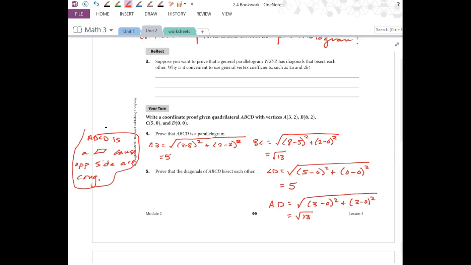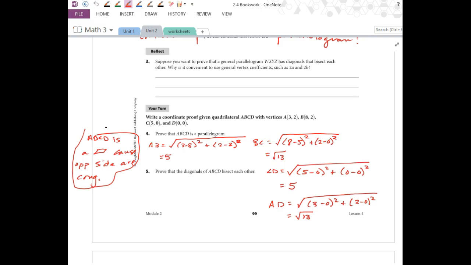Okay, so prove that the diagonals of ABCD bisect each other. How would I do that? Let's talk about the diagonal of a parallelogram.